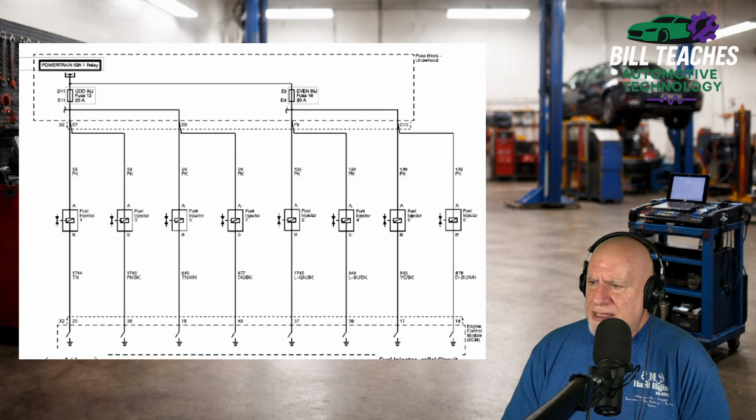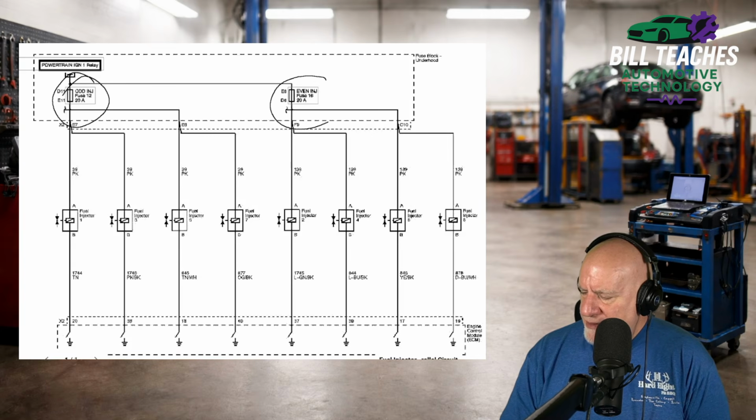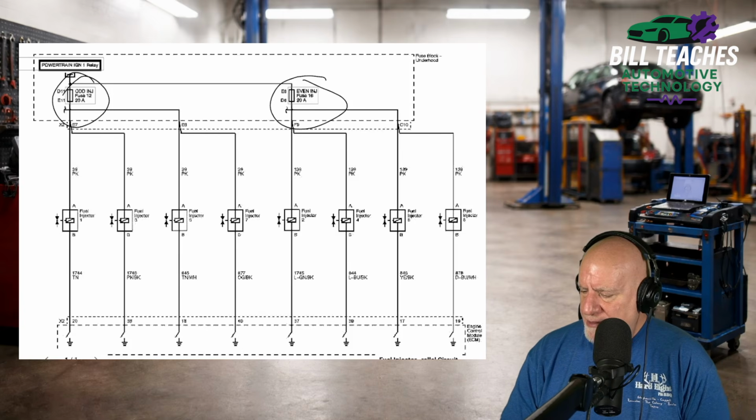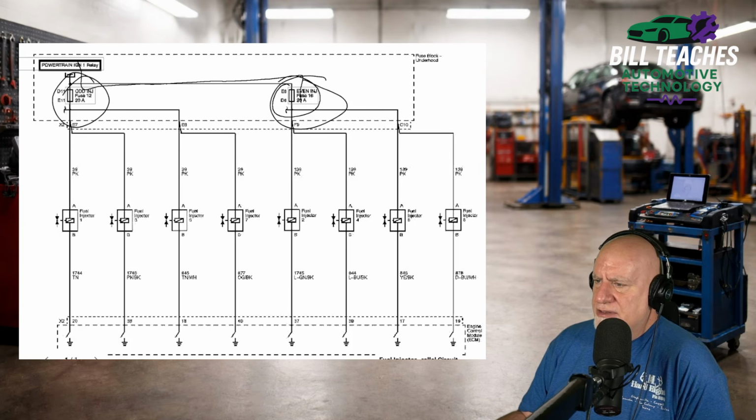In this case, this manufacturer divided their fuel injectors into odd on the left side and even numbered injectors on the right side. You can see that power is fed to them, and then it goes through this fuse to each individual injector, all four of them.